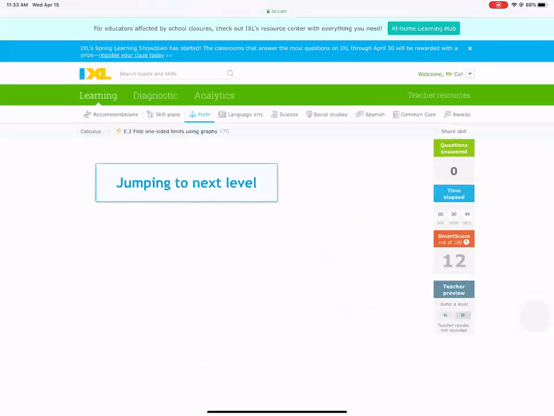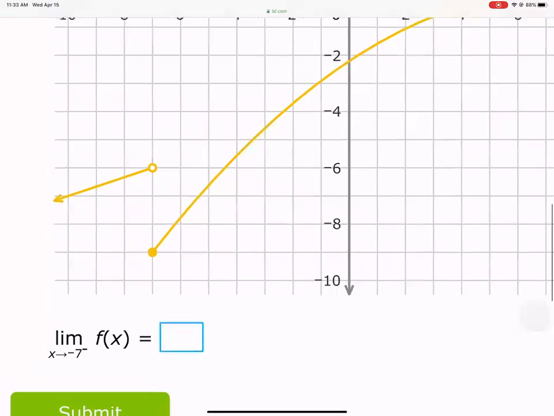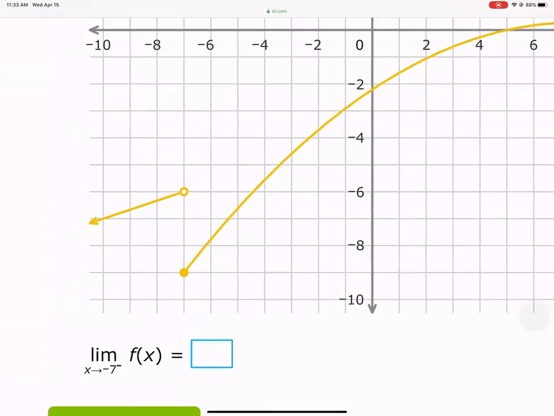So being able to read limits fairly quickly, this is what the practice is for. You guys will finish this in like minutes. Sitting here, we're looking at negative 7 from the left side. Not the right, left. It looks like it will be negative 6. And the point about limits is to say, again, not what is it, but what should it have been. And at negative 6, the y value does look like negative 6.